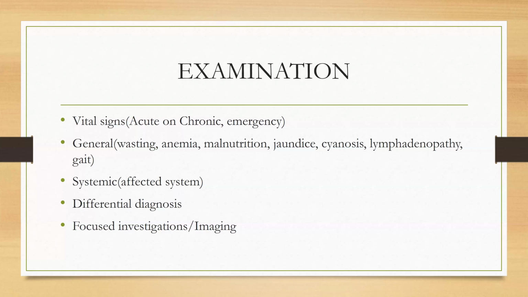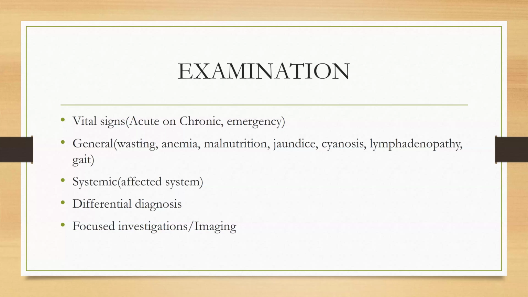Then you need to do a general examination. So in TB, what will you be looking out for? You'll be looking out for things like wasting, anemia, malnutrition, jaundice, cyanosis, lymphadenopathy. You even look at the gait of the patient, because this patient coming with headache or back pain may already be having a gait that is showing the progress of the disease.